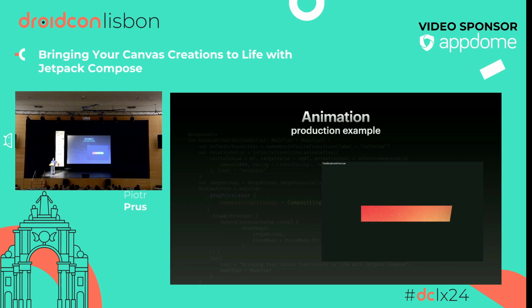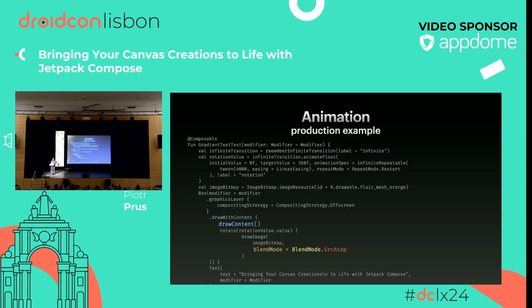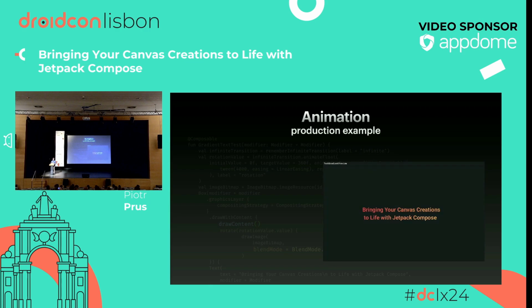So now with the off-screen composition, we'll have something like this. But the most important here is again our blend mode, and we will use exactly the same, which is blend mode source atop. That will create this animation. So we have almost the same as gradient, but now we are using mesh, which is a bitmap, to create this effect.